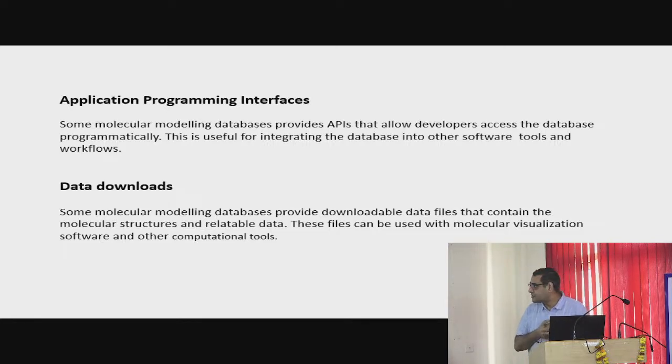Then data download. Some molecular modeling databases provide downloadable data files that contain molecular structure and related data. These files can be used with molecular visualization software and other computational tools. So this is also a very general statement, but downloading also has its limitation. How many downloads you can do per day, and what is the size of download, where to store the download, how to open the download.